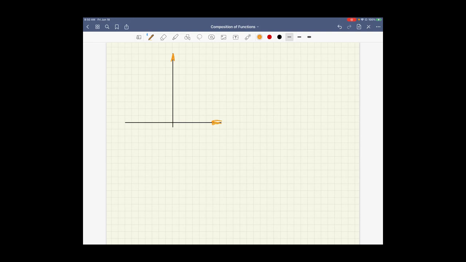All right, so it's root of 1 over x squared minus 1. So it'll look like this.